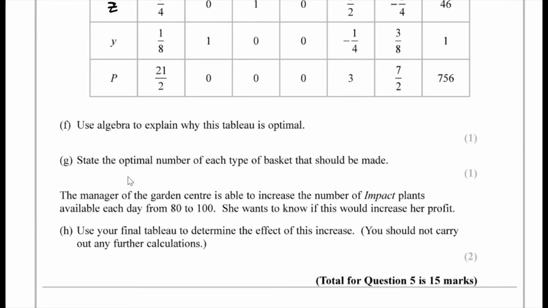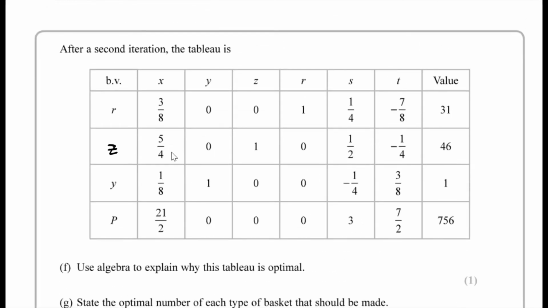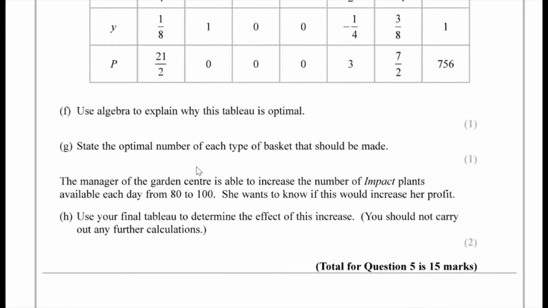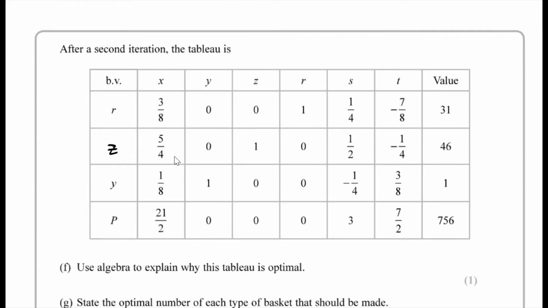And now for part G, we have to state the optimal number of each type of basket that should be made. Again, looking at this table over here, if we refer back to what X, Y, and Z were, remember X, Y, and Z were sunshine, drama, and peaceful. Okay?